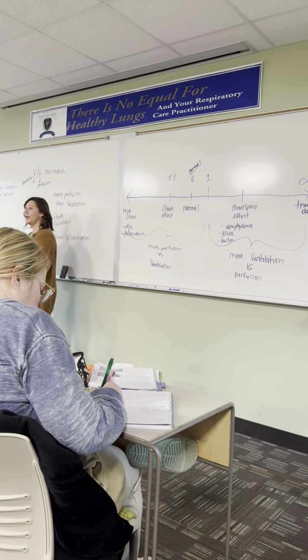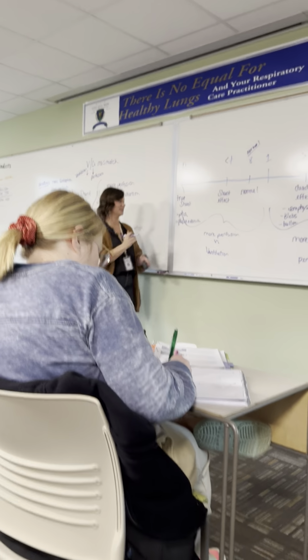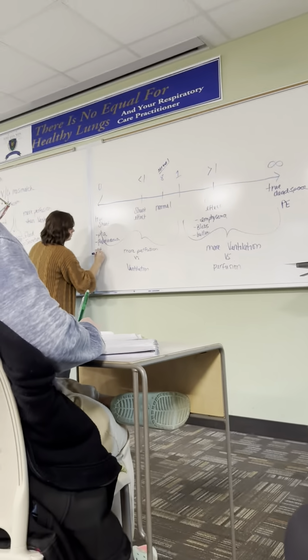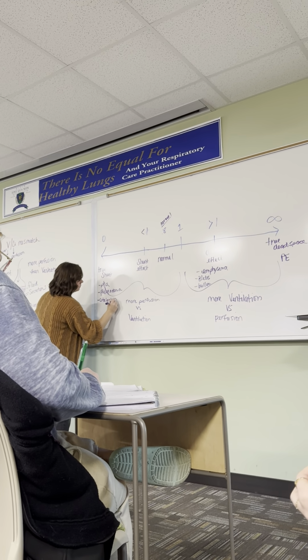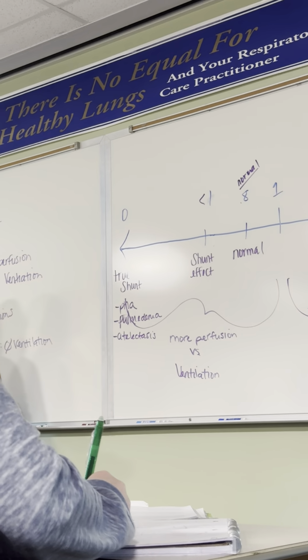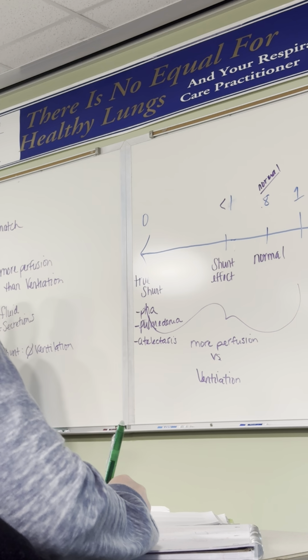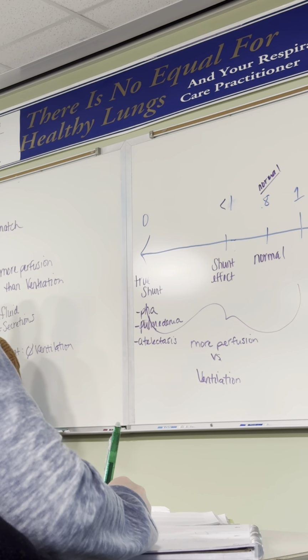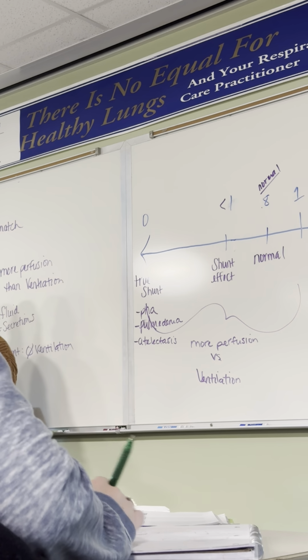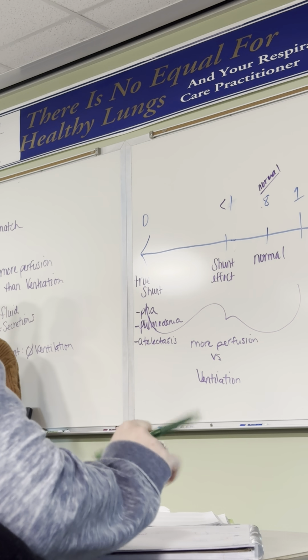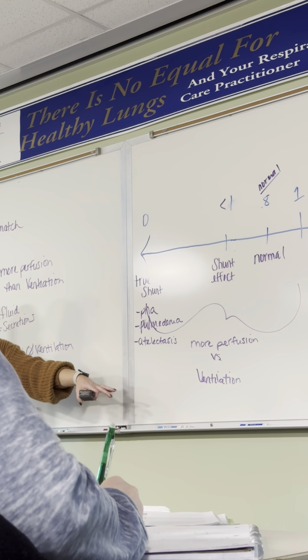It can be atelectasis. Okay, so things along those terms, right? Something that's going to cause consolidation, block that ventilation from getting to our capillaries and have that gas exchange take place. That is going to be our true shunt, okay?